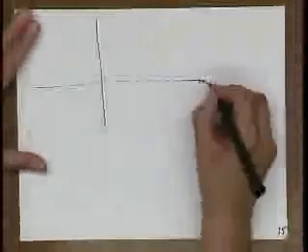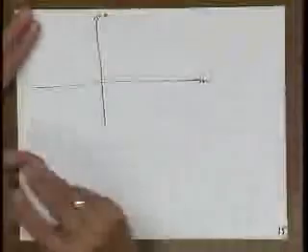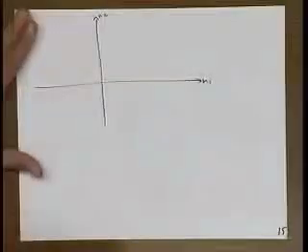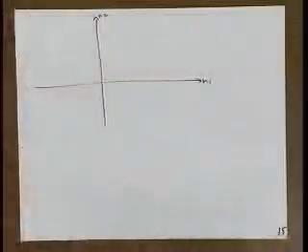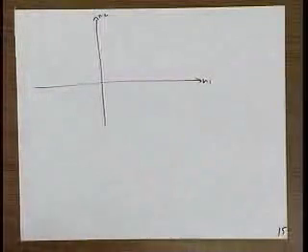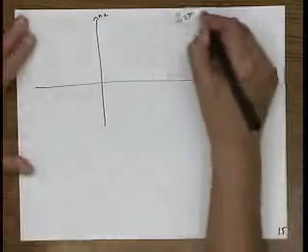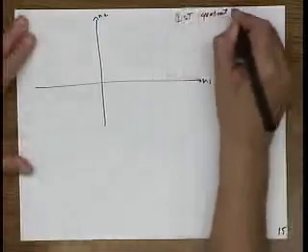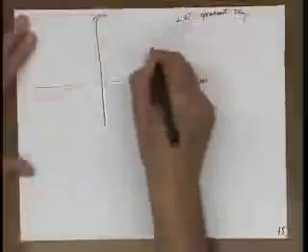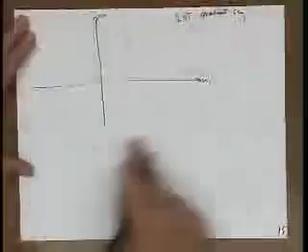So I want to talk about first quadrant, second quadrant, third quadrant, and fourth quadrant sequences. A first quadrant sequence is a sequence that's non-zero here and zero everywhere else.